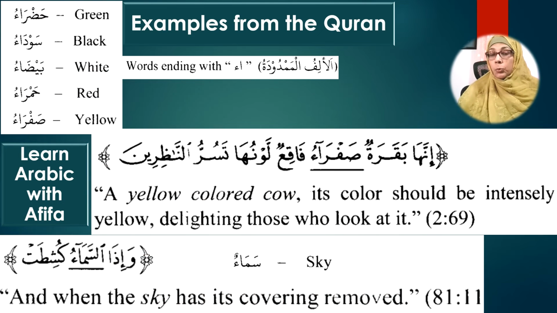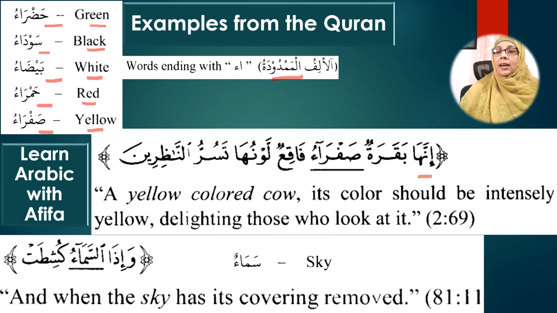In the last class, we studied that certain words ending with alif mamduda can be markers of feminine. For example, these colors: khadara'u, which is green, sauda'u is black, bayda'u is white, hamra'u is red, and safra'u is yellow. These colors appear in the Quran, so it's good vocabulary for you to know them. For example, right here, innaha baqaratun safra'u.